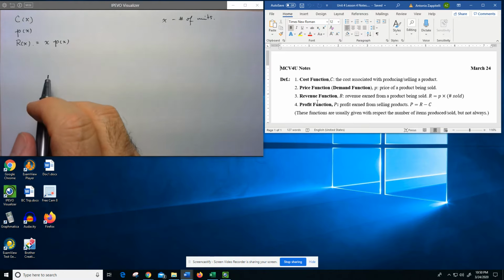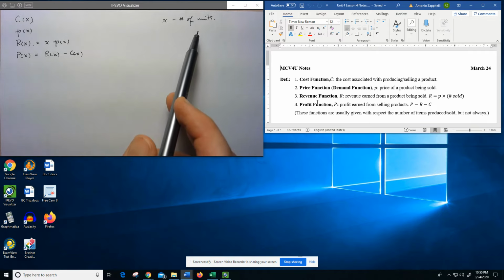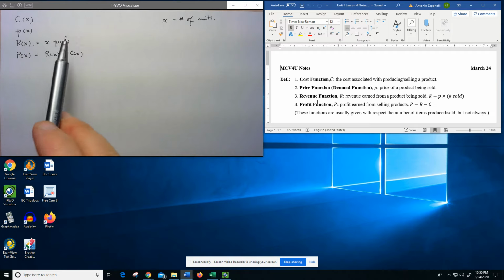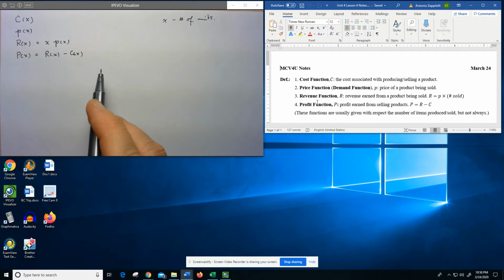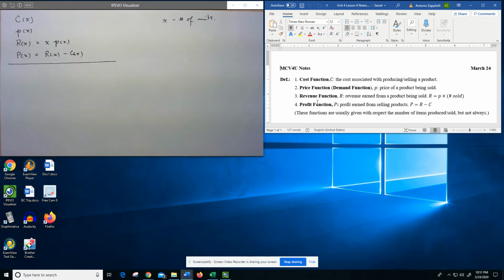All right, so this is what you'll be using to solve that first question in the worksheet. Again, more often than not, this is the input variable that's being used as the number of units and not something like the number of price increases. So I'd like you to consider using this method to solve these problems. These are the functions themselves.